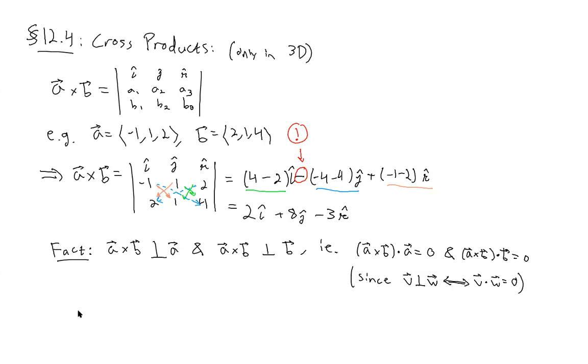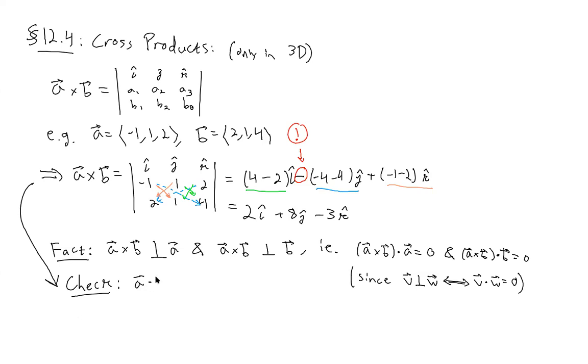Let's test this for a second, because the good news is you can always check your cross products. In our example, A is -1, 1, 2.